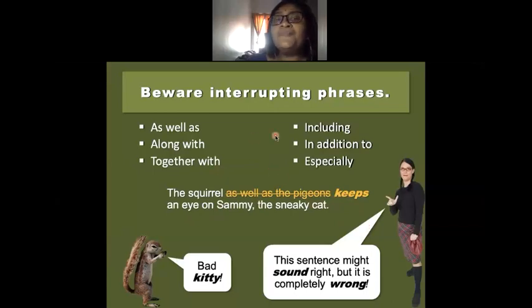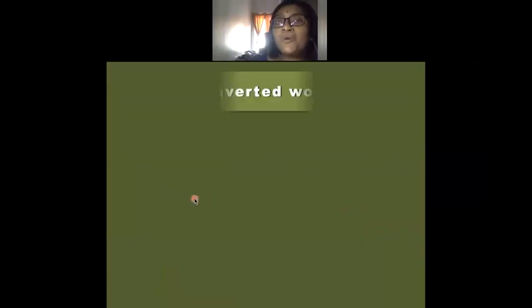Even though there are two subjects here, and this one is close to the verb, the main subject here is the squirrel. You are literally referring to the squirrel.